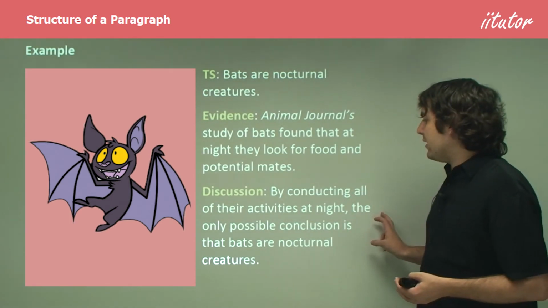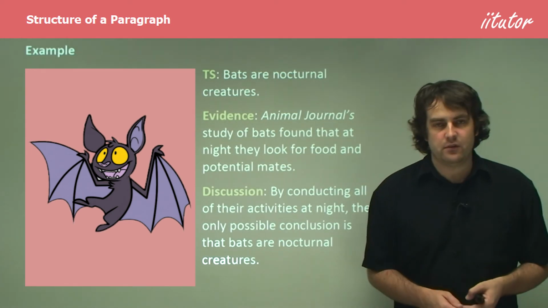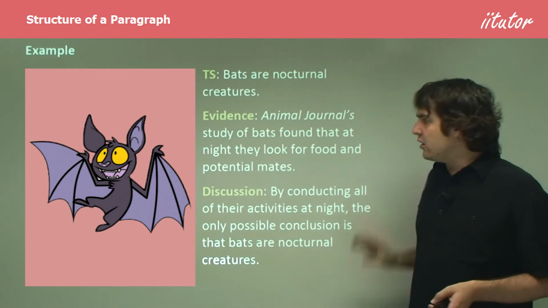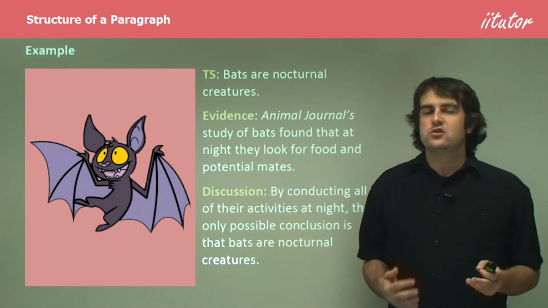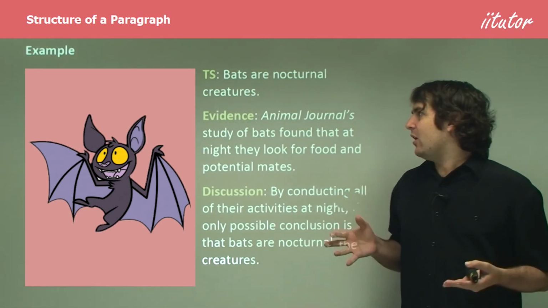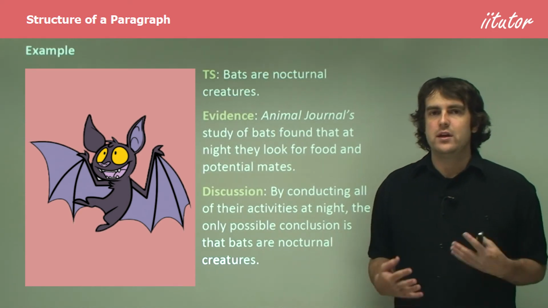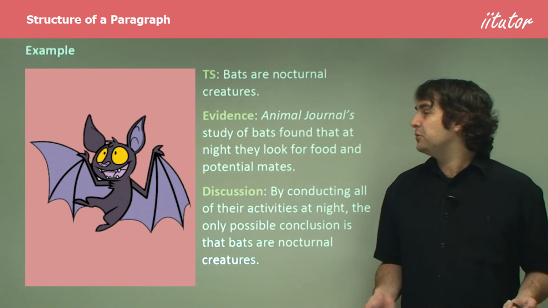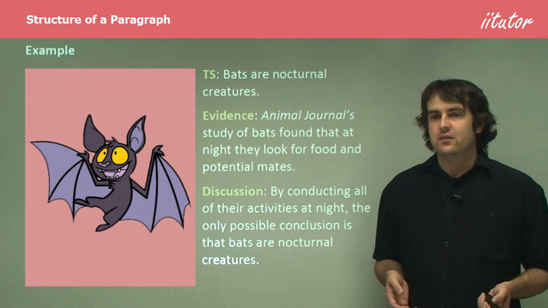But by doing all their activities at night is the way that you prove it. Your elaboration there is helping your proof, which is helping your topic sentence. And all those things work together in such a way that you're making it airtight. There's no other explanation for their activities being at night than they are nocturnal creatures. Very simple to do. And it's very effective, as I said.